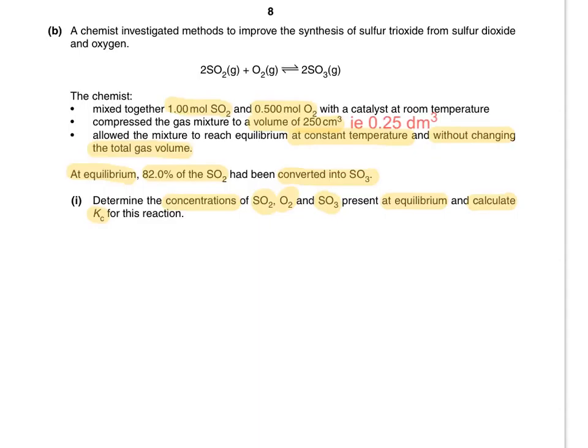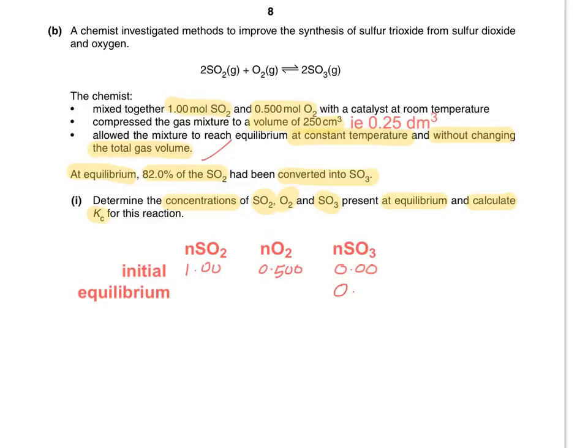So the first thing you've got to do is lay out your values at the start of the reaction and at the end of the reaction, the value in moles. At the start of the reaction, I just read off what it's told me in the question. So at equilibrium, if 82% of the sulfur dioxide had been converted into SO3, then 82% as a decimal is that, and that leaves us with 0.18 of SO2.